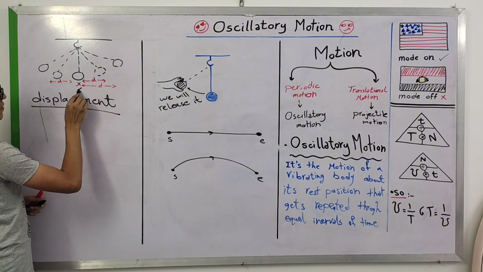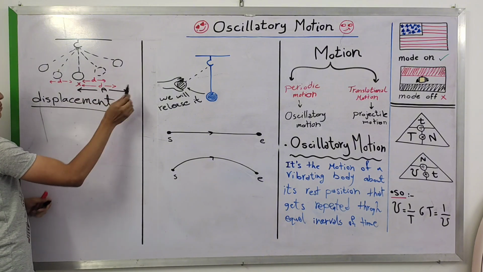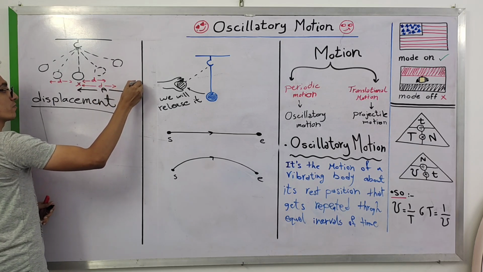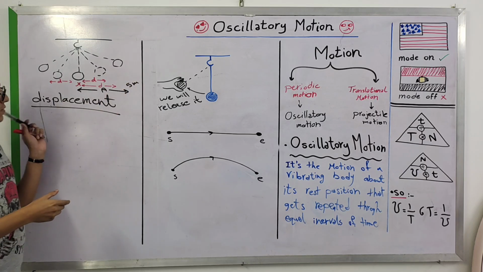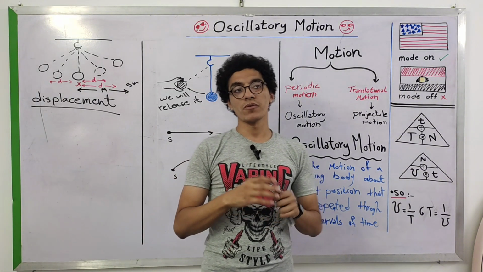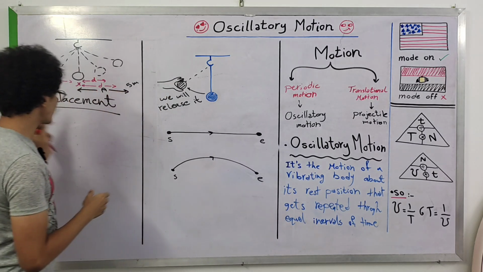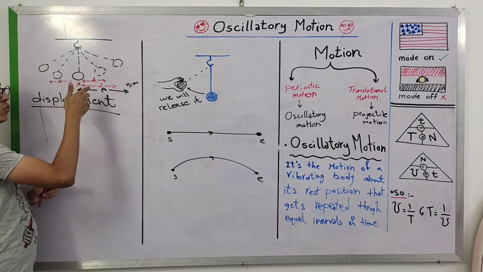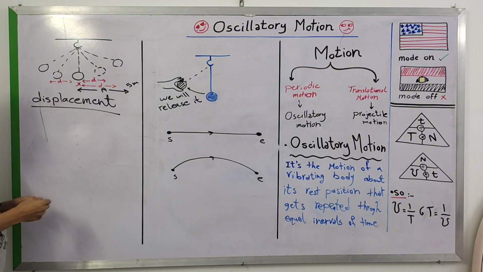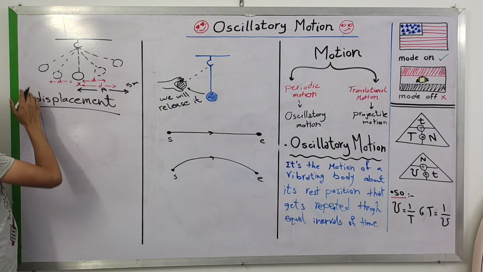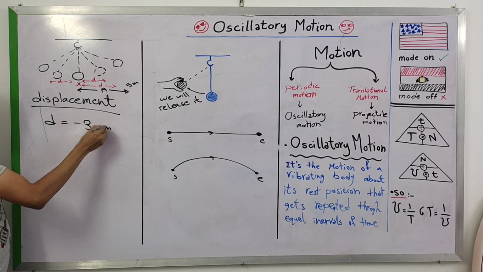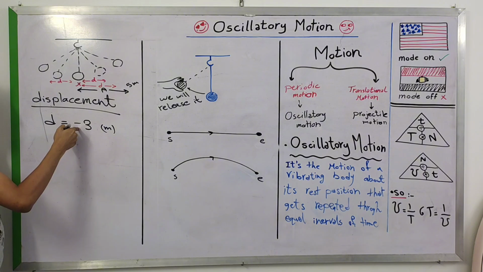If the maximum distance is maybe 5 meters, the displacement will be less than this number, because the displacement may be 1, 2, 3, 4, but not the maximum. The displacement is a vector quantity, so it will be like 3 meters or -3.